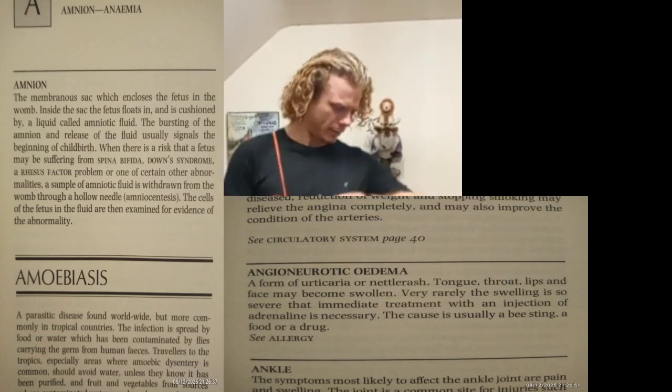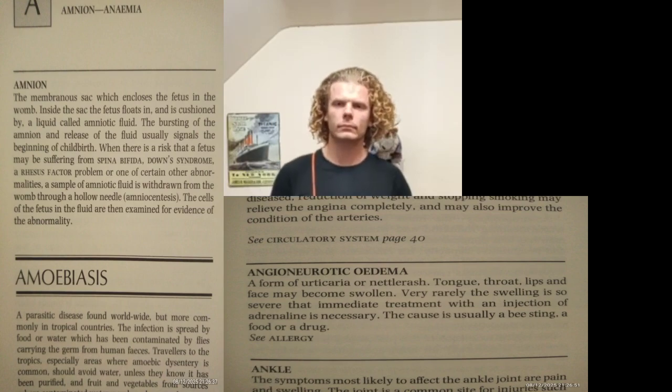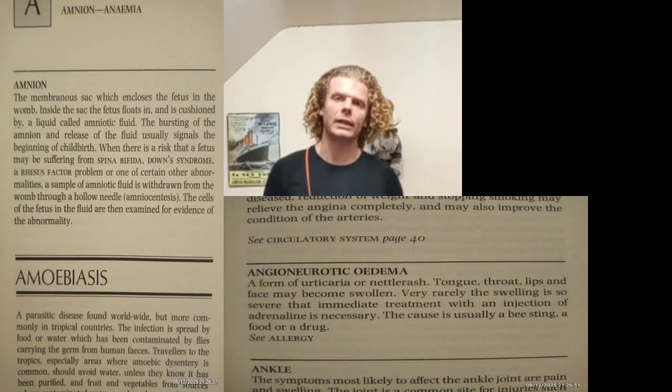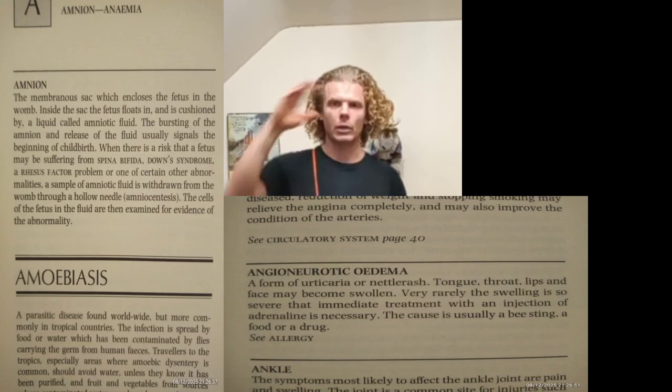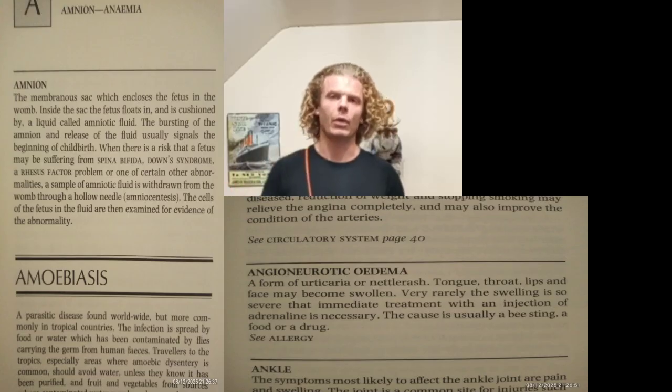And let's try. The amnion. The amnion is the membranous sac in which the fetus is during pregnancy. The fetus is inside of the amniotic fluid then. And bursting of the amnion with the amniotic fluid and the fetus in it usually signals the beginning of the birth of a child.